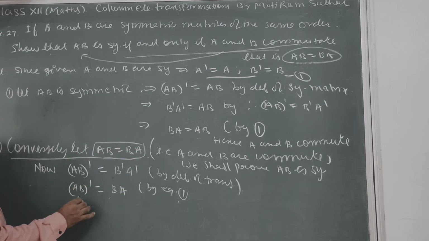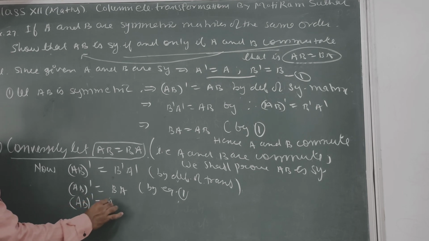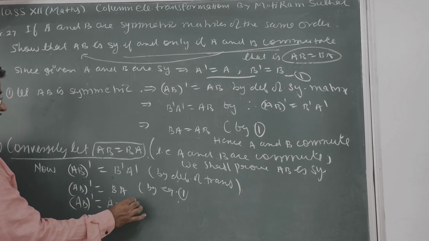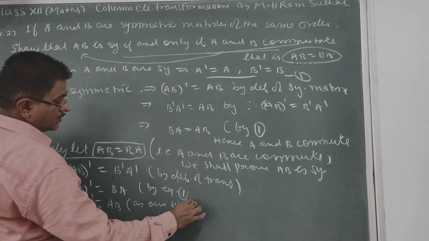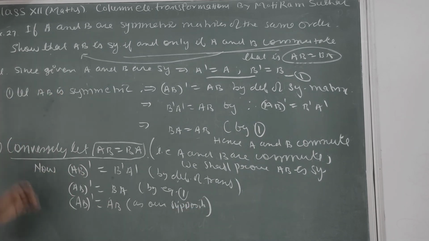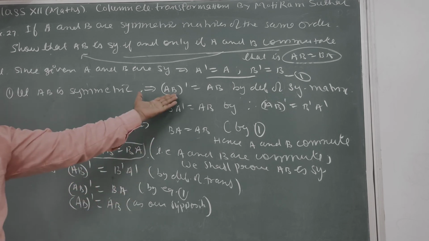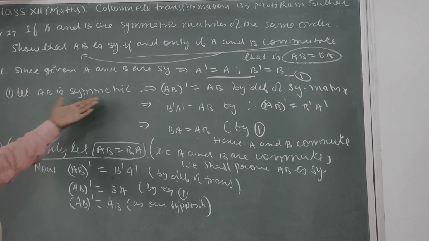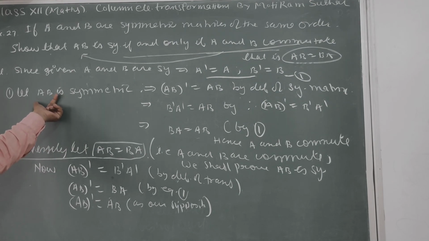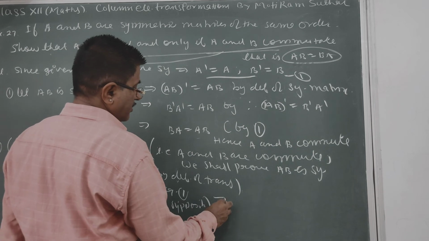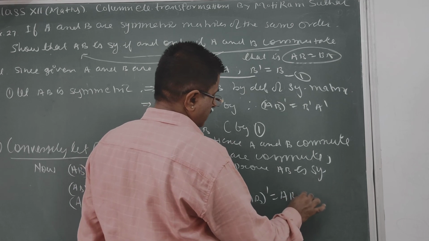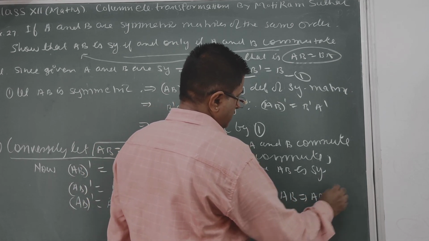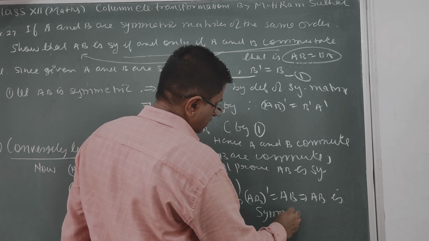So finally what we get, AB whole transpose equal to AB as our supposition. It means matrix AB is a symmetric. So therefore as AB whole transpose equal to AB, it implies that AB is symmetric matrix.